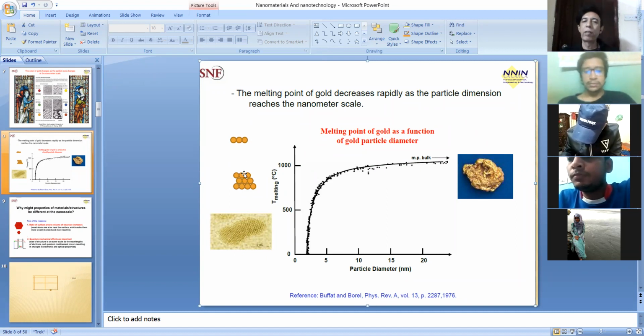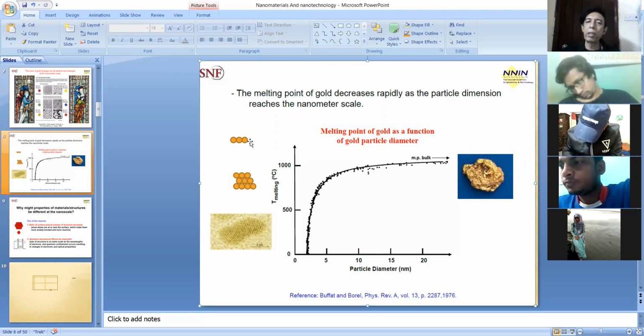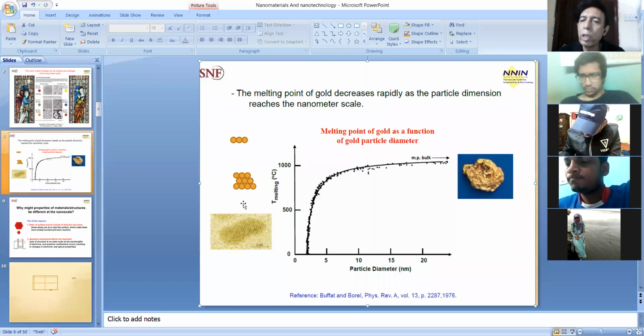For that, if we reduce the particle diameter, the melting point decreases because a smaller number of bonds have to be broken. You require only a small amount of energy to make them apart.